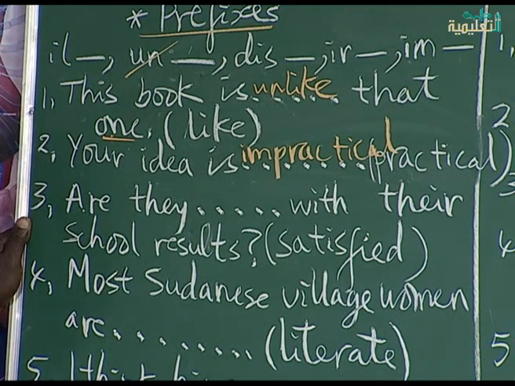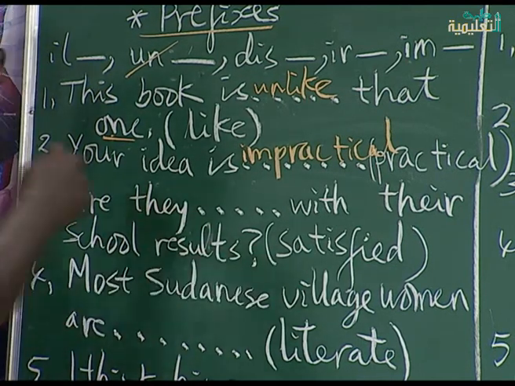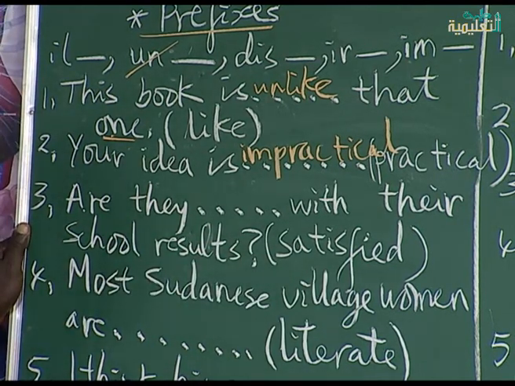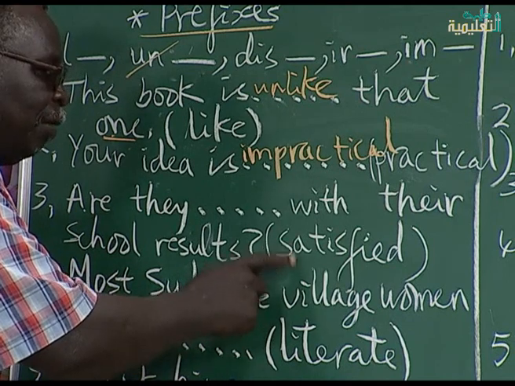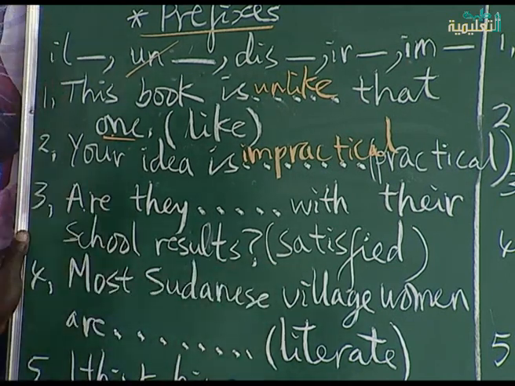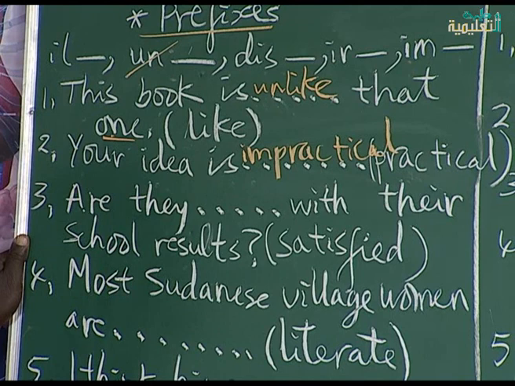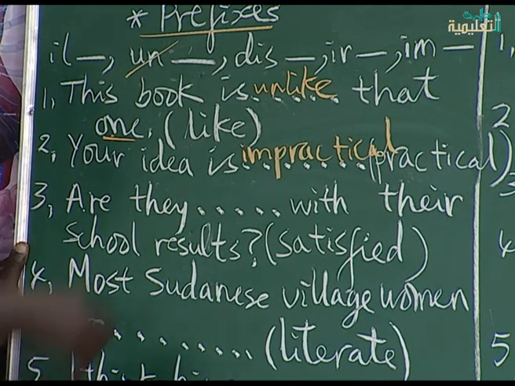Two prefixes. Either we say dissatisfied or unsatisfied. Either to have the prefix UN or to have the prefix DIS. Of course, we have already used UN, so we are remaining with the prefix DIS.